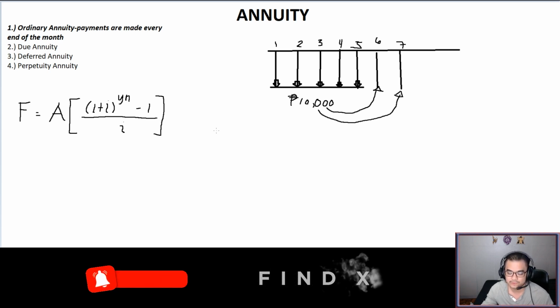That's your formula for the future. If you're going right, or going to the future, that would be your formula.